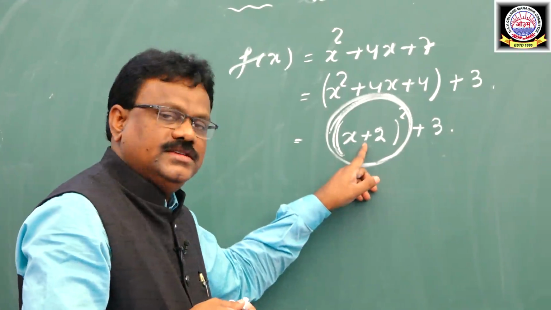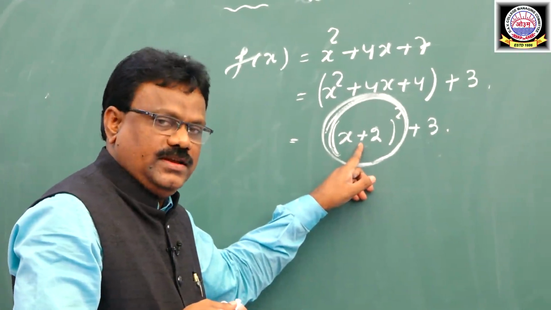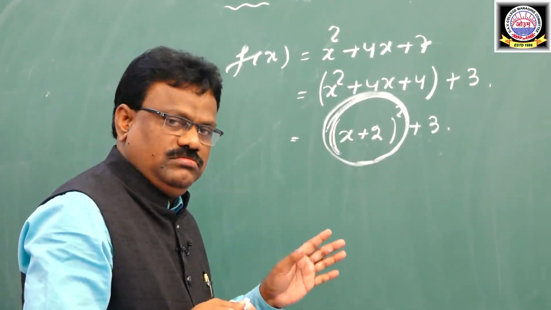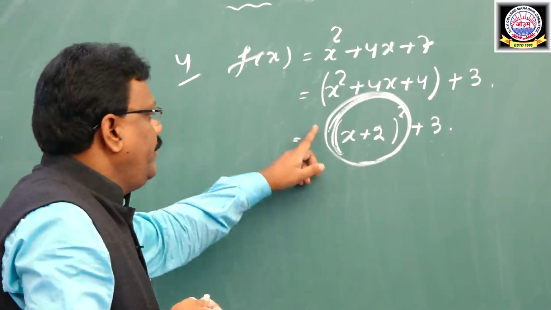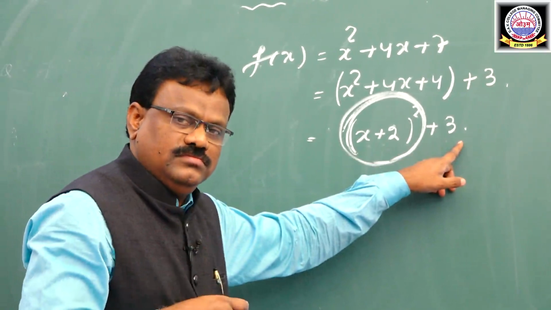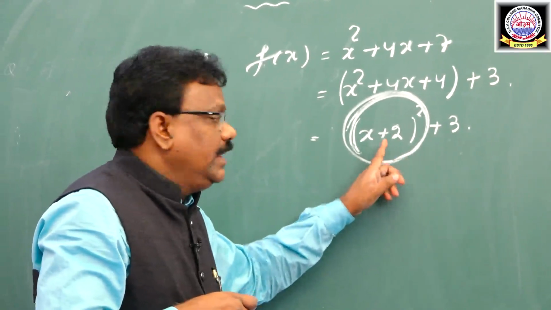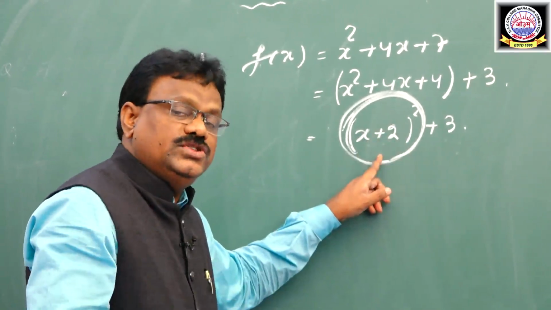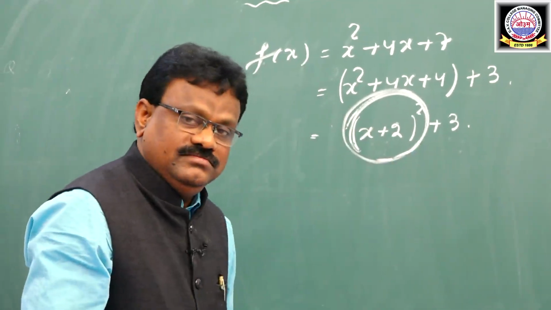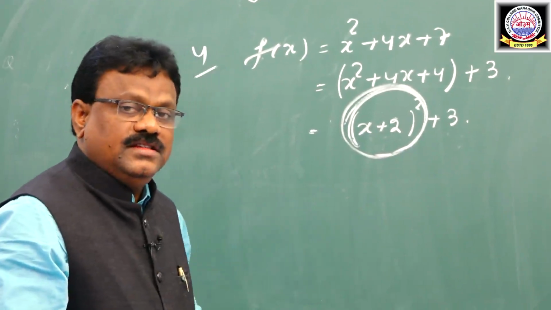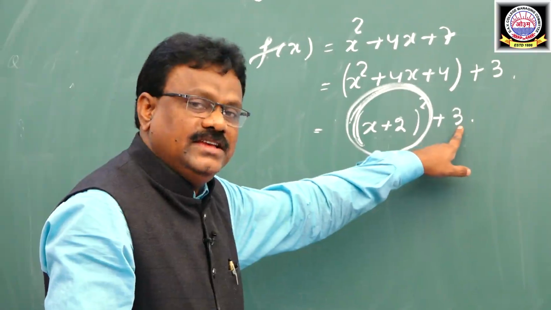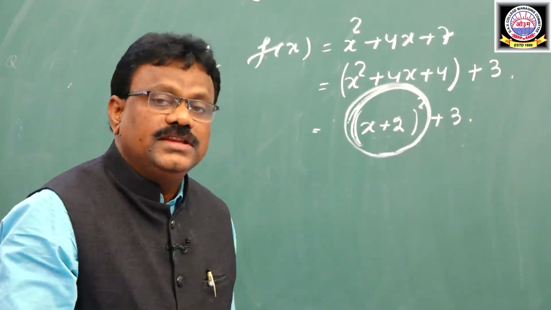Once again I am telling, though it is a complete square, the minimum value of the complete square is 0. So, at that time f of x will be 0 plus 3. So, 3 is the value. And again, the value of this expression will be more than 0, so the corresponding value of the function will be more than 3. That means the minimum value of the function will be 3. Where will it be 3?